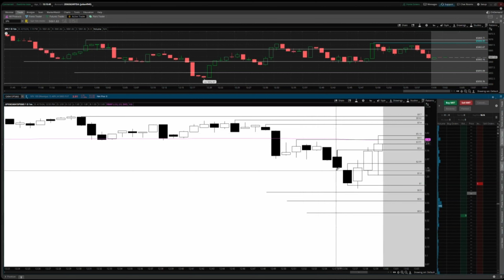We see that it's now come down to $1.65, and just a little while ago we were at $7.